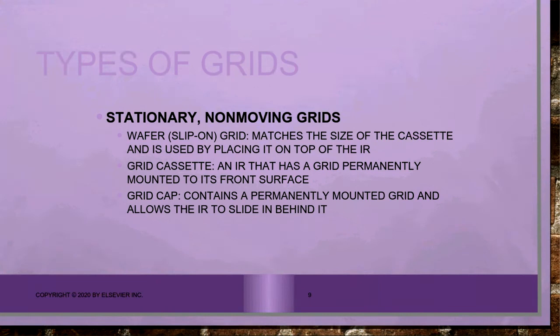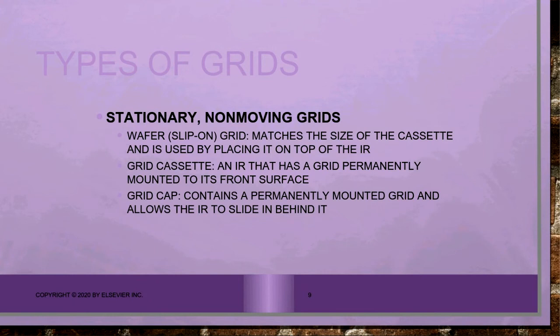With a wafer grid, the grid matches the size of the image receptor that you're using, and you literally place it on top of the IR. Okay, the wafer grid literally just sits on top. You typically have to tape it to the surface of the IR. It's just a flat piece of aluminum that contains the lead lines, and you put it on top of your image receptor and tape it to the surface, and that is a wafer grid.